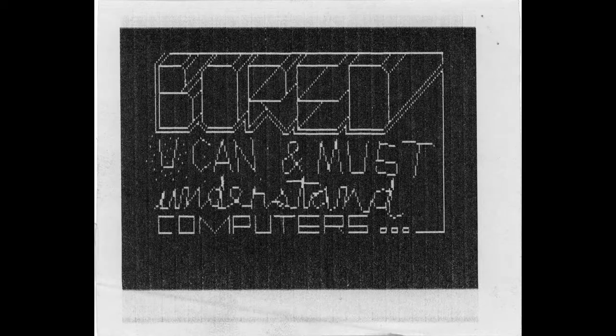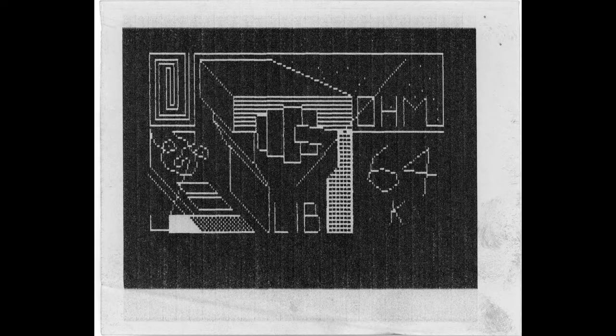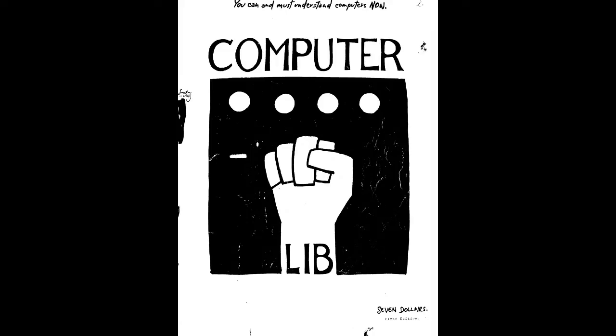When I was looking through these pictures, I scanned it in and I didn't make this connection here. But this says, you can and must understand computers. Then there's this picture of a hand, and it says Lib. And I saw that and I said, isn't that the cover of Computer Lib? And lo and behold, it sure is.